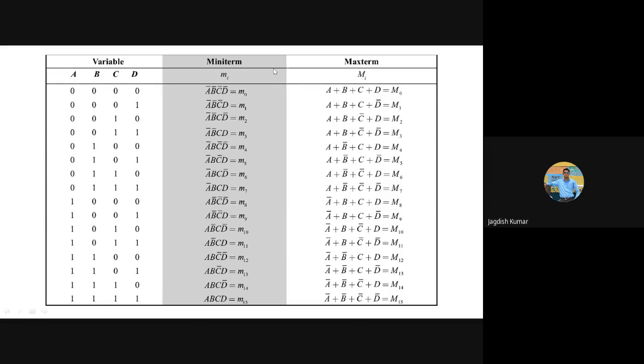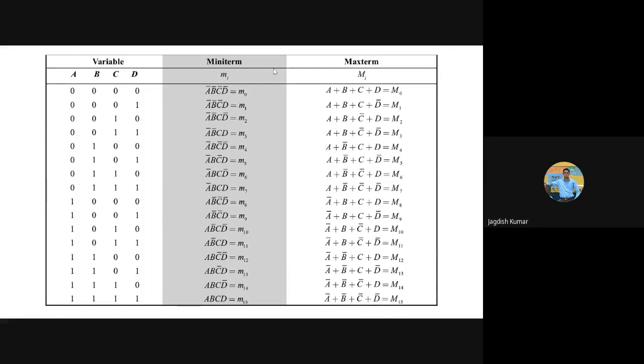So if somebody asks you that you have been given a 3-variable set, write down all the min terms and max terms, you should be in a position to do so. In notation, min terms are small m0, m1, m2, m3, m4, and so on; in case of 3 input variables, you will go up to m7, isn't it?